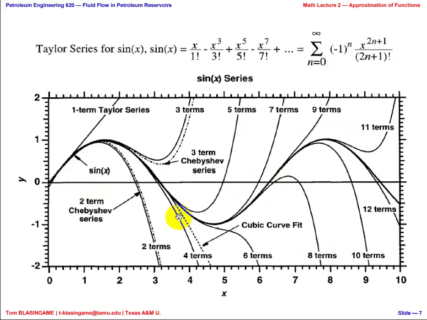You could use something like that. I also showed the 2-term Chebyshev series. You get a little bit better accuracy with a 2-term Chebyshev series. You get a little bit better accuracy with a 3-term Chebyshev series. You get a little bit better accuracy with a 4-term, with a cubic fit, which is going to have 4 terms as well. Should have said that. But you notice over here, you've lost something.